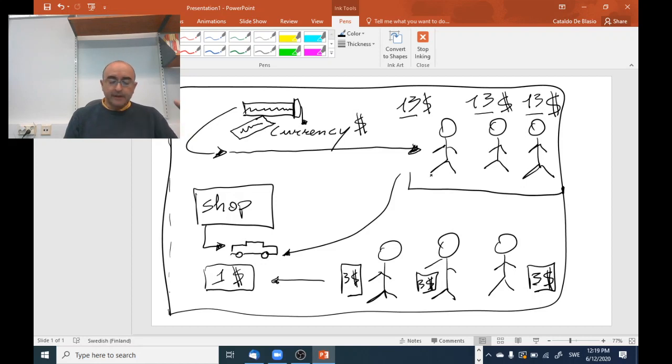So the price of the car will increase, because these people are asking for more cars. The shop realizes that it could increase the price.